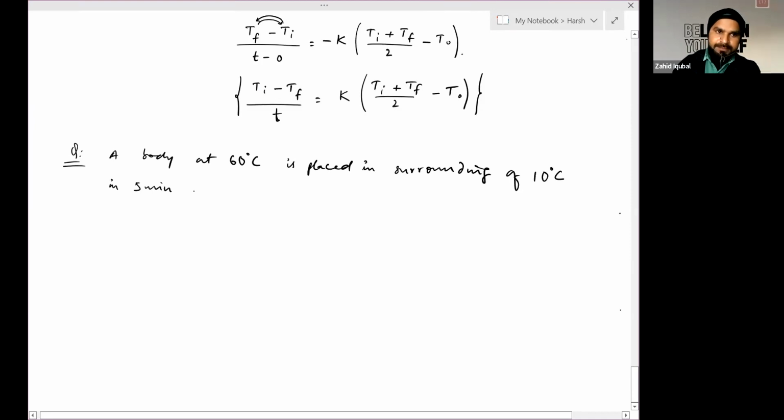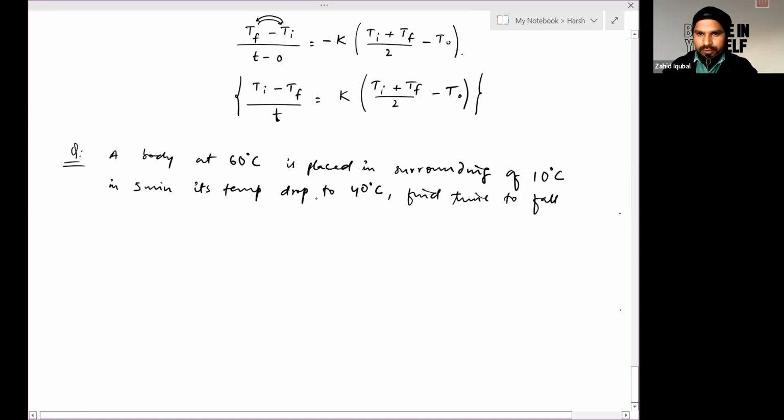In 5 minutes, its temperature dropped to 40 degrees Celsius. Find the time to fall further to 20 degrees Celsius.